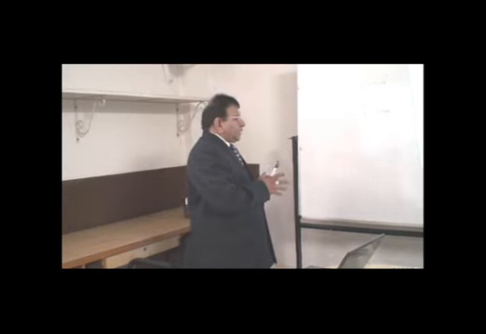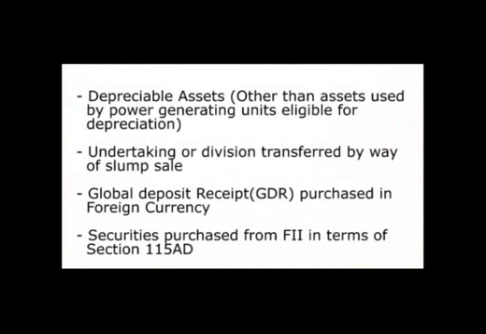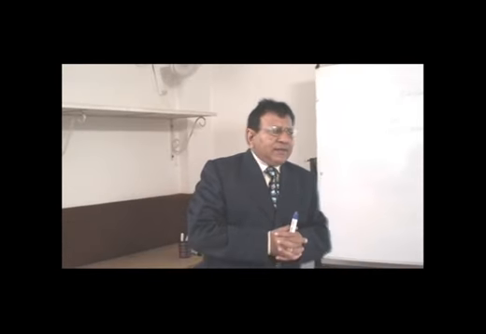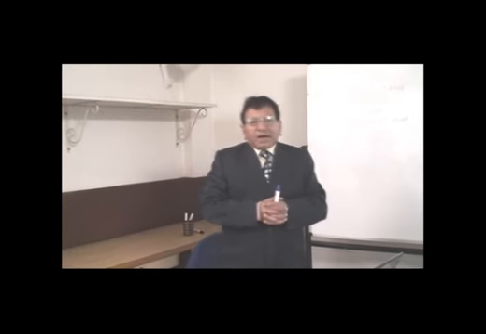Next is the depreciable assets. In the case of depreciable assets also, the benefits of indexation are not available, other than the assets used by power generating units which are otherwise eligible for depreciation. Here we are talking about depreciable assets, for example plant and machinery.